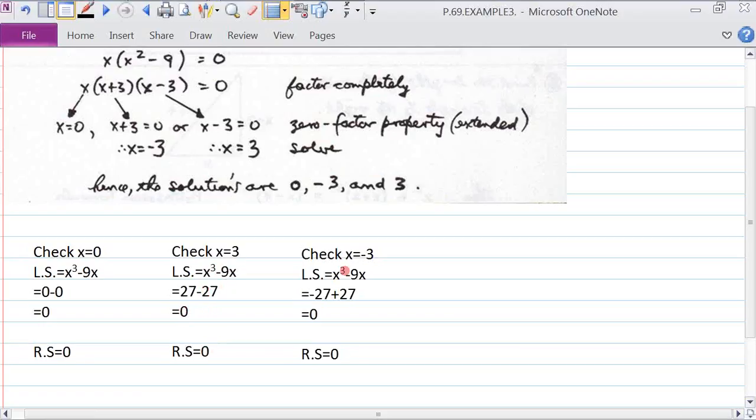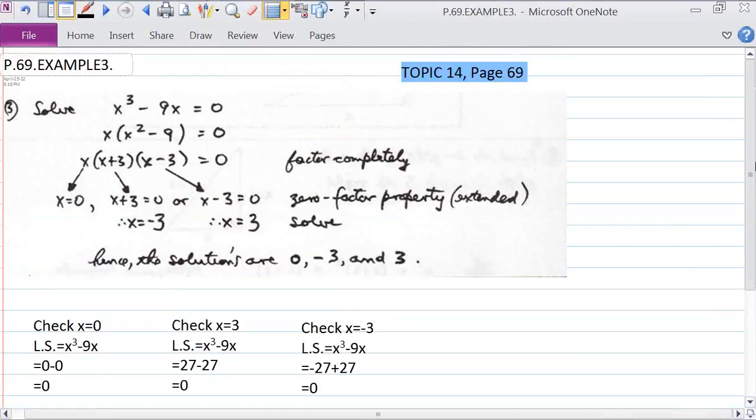Now if x is minus 3, x cubed is minus 3 times itself 3 times, which gives me minus 27. Minus 9 times minus 3 gives me plus 27. So the minus 27 and the plus 27 sum to 0, and the right side is 0. So this completes page 69 and the introduction to examples of factoring.